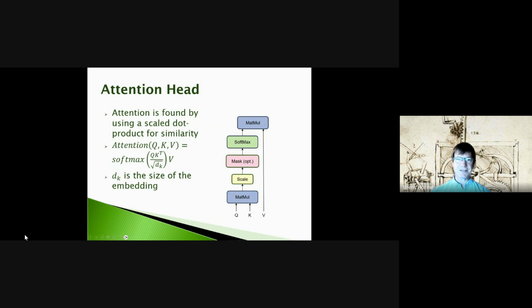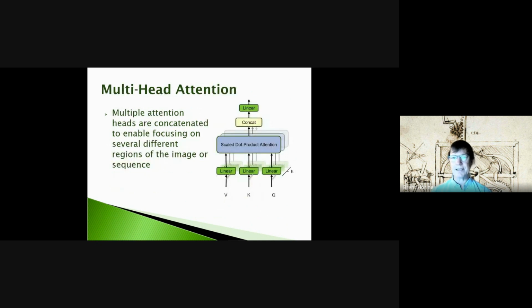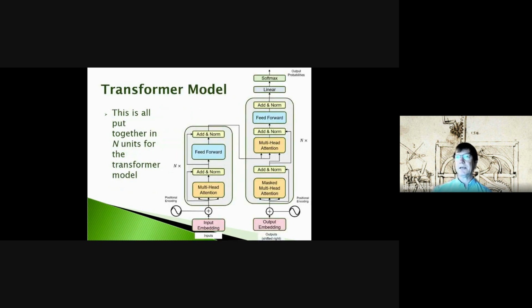Part of it was this concept of using a dot product and these QKV type values, and then concatenating into multiple attention heads, and then taking all of that and putting that into a transformer model. So I'm putting this out there to show you how complex it gets.